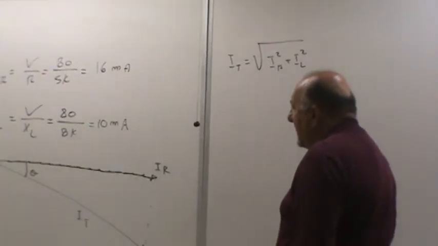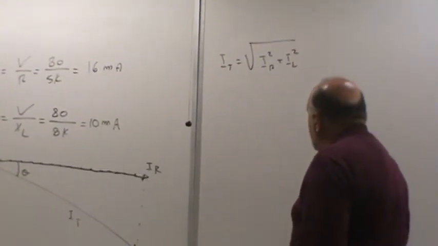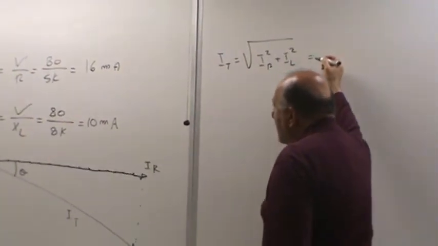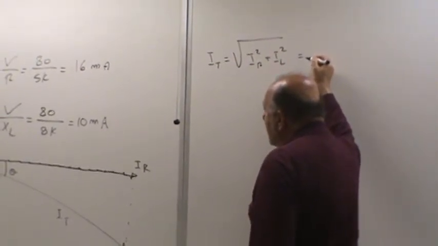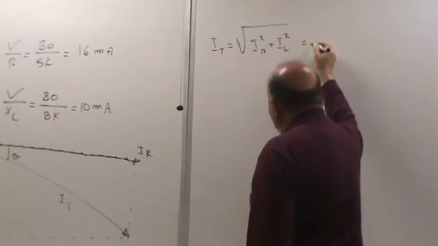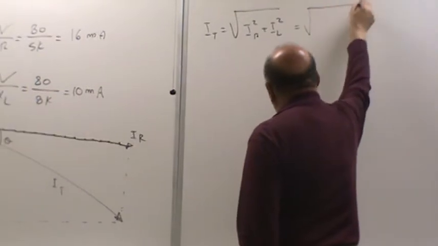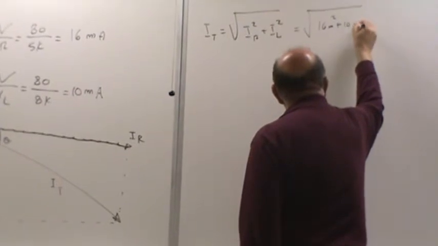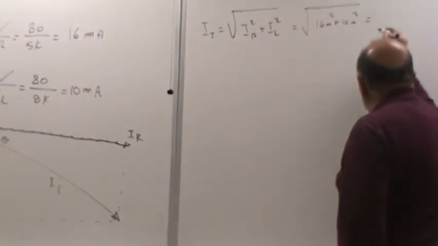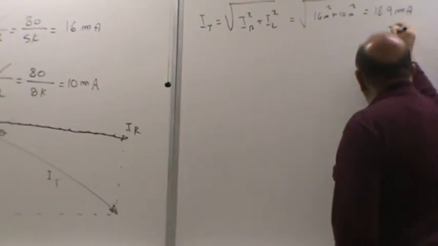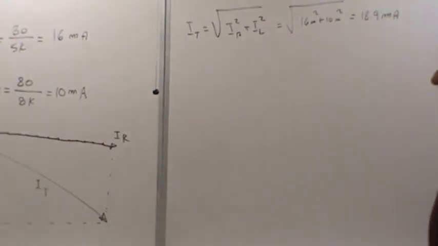So let's find this: 16 squared plus 10 squared, square root of it. How much is that? 18.9 milliamps. Kind of an ugly number, but we'll go with that. 18.9 milliamperes, so that is I total.